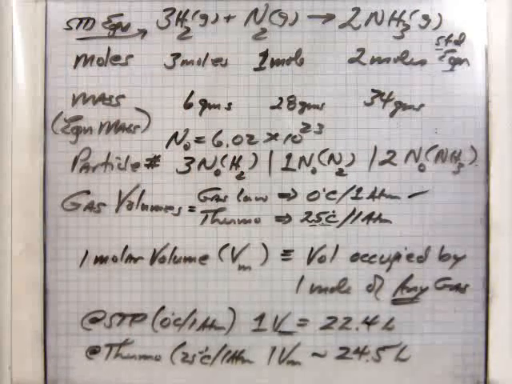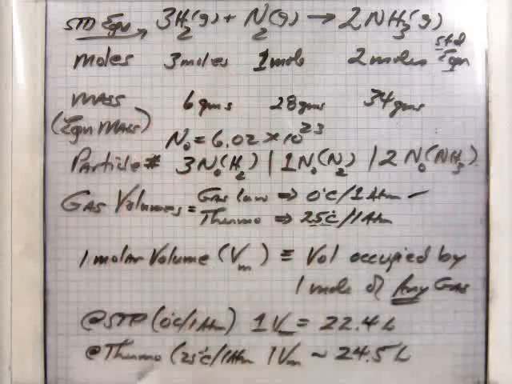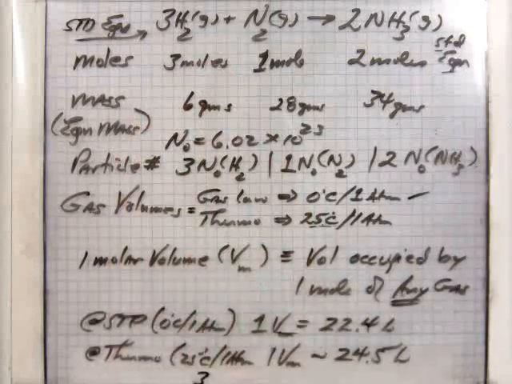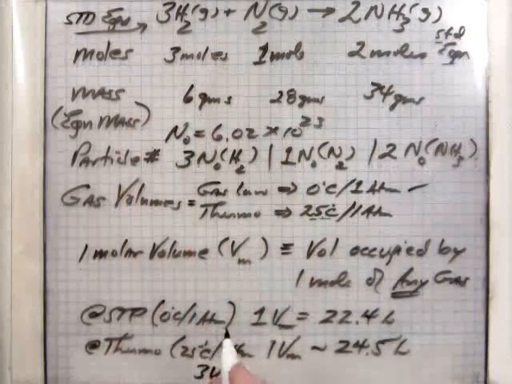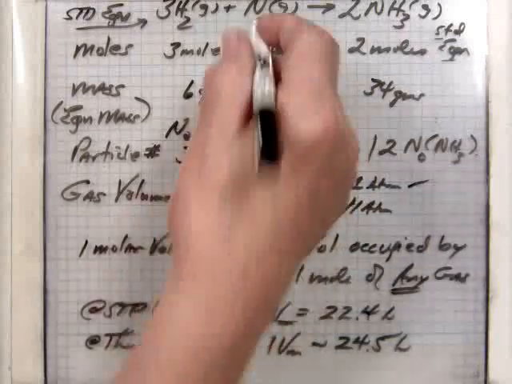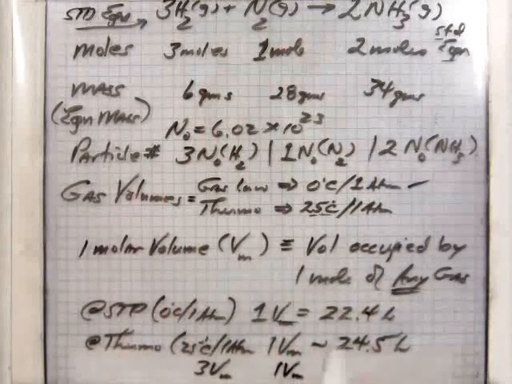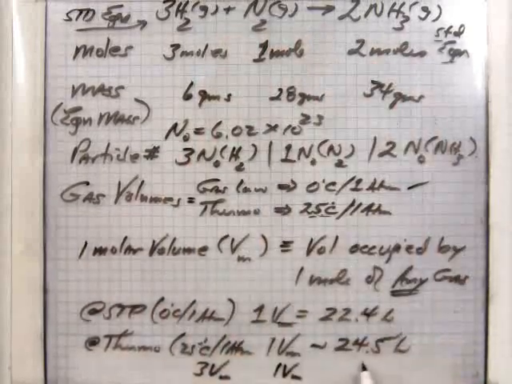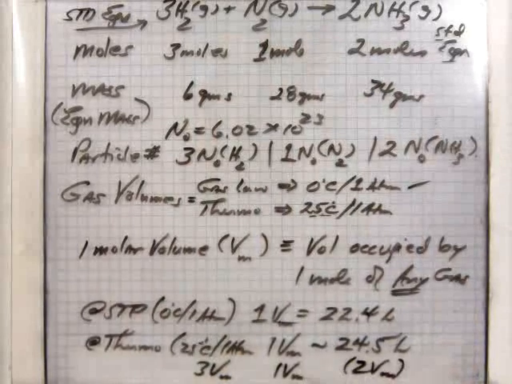So as we move through this, this is 3 molar volumes. I'm losing my equation up here, but you can see that down here. It says 3 molar volumes, 1 molar volume, and 2 molar volumes for the ammonia.